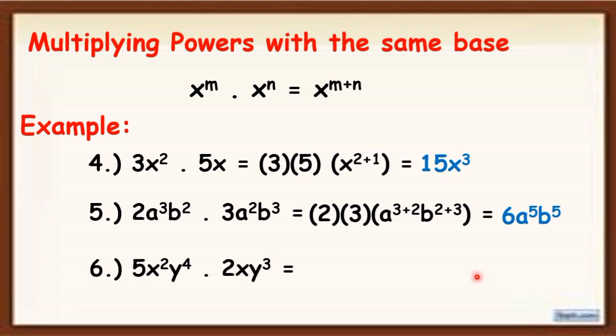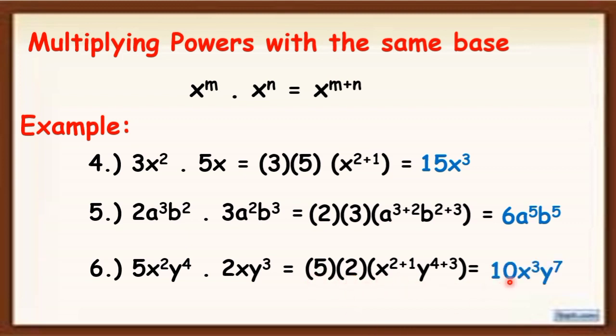Last example. For example, we have 5x squared y raised to 4 times 2xy cubed. Again, we are going to multiply first the numerical coefficients, then copy the base, add the exponent. So it will become like this. If we simplify, 5 times 2 is equal to 10.